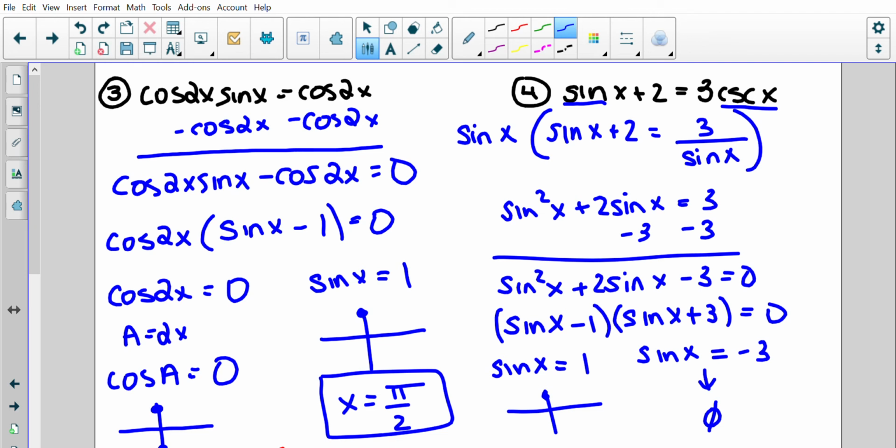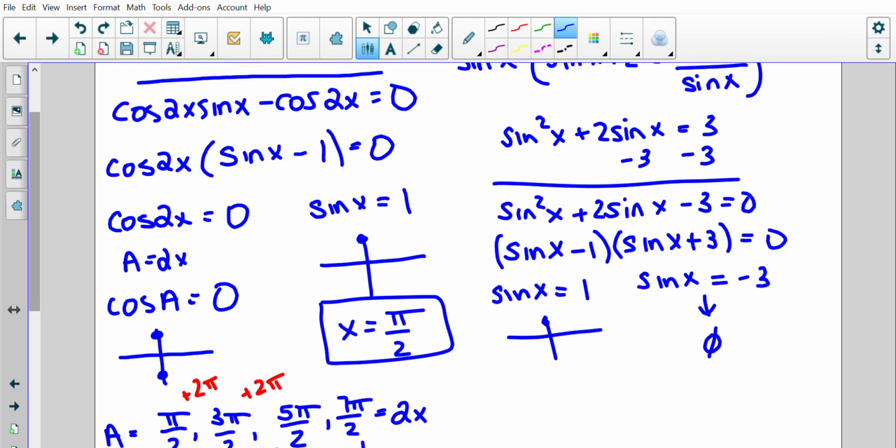Secant and cosecant, basically. So basically all the trig functions except for sine and cosine themselves. You have to go through and double check your answers to make sure that it doesn't make the original equation undefined, right? So for example, here I'm getting where sine x equals 1, that's going to be at pi over 2.